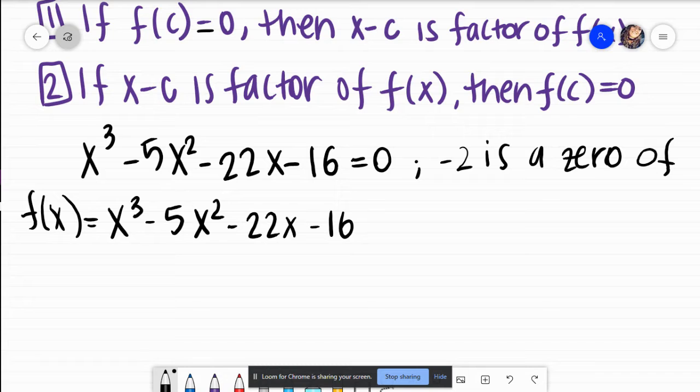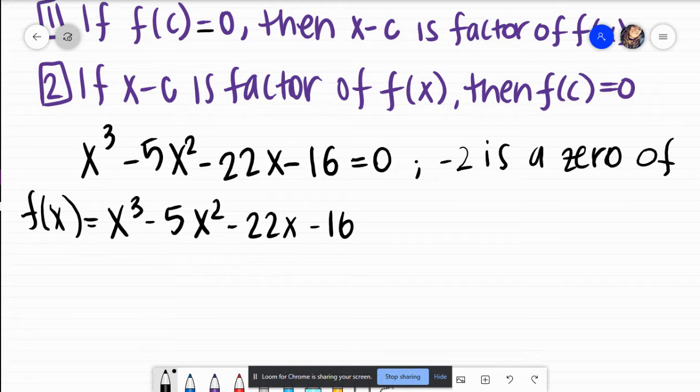We're being given that negative 2 is a 0 of this function, right? So if they tell me that negative 2 is a 0 of the function, the factor theorem tells us that x plus 2 is a factor of f of x.